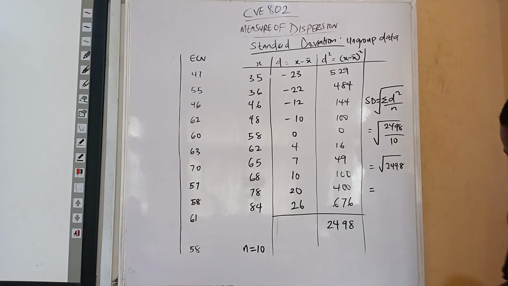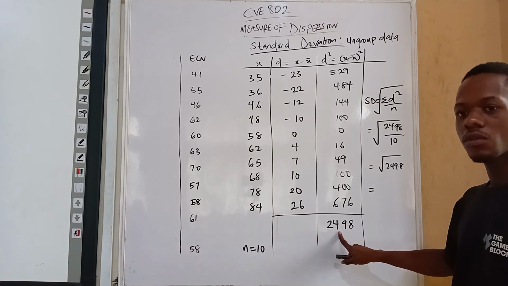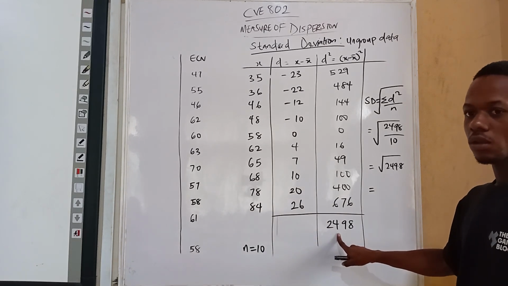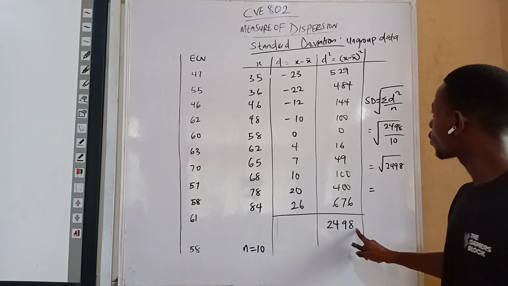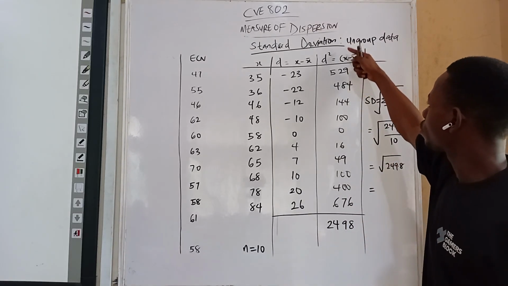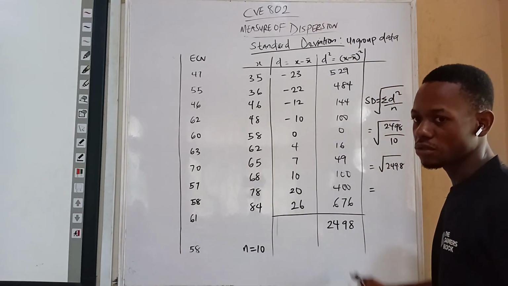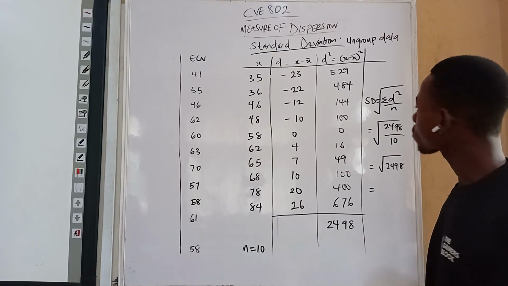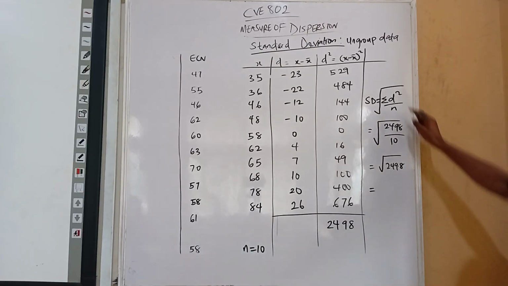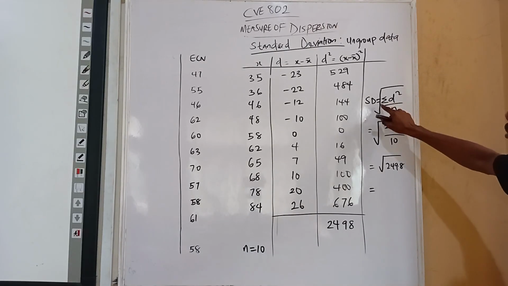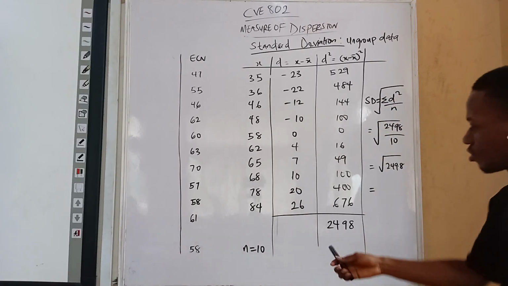Which will be equal to... I thought that's 2498? Yes sir. The 2498 is the addition of the square of the deviations, which is what we did here.